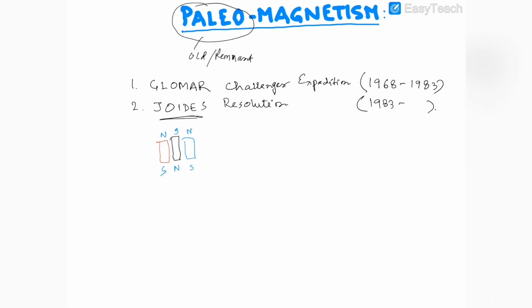So these expeditions revealed alternating bands of basaltic rock of reverse polarity on either side of the MOR. MOR is the mid-oceanic ridge, and it is found in the Atlantic Ocean basin. The pattern on one side of the MOR is more or less a mirror image of the other side. Now let us discuss with the diagram so that you can understand well.